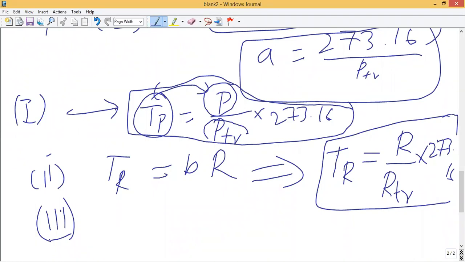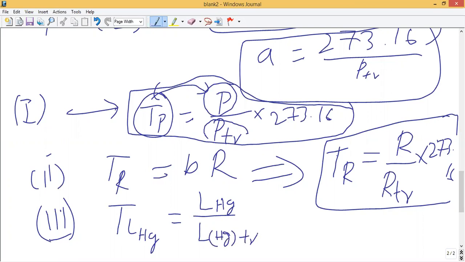Okay, so for the mercury thermometer, you can write that it is equal to the length over the length at the triple point, multiplied by 273.16.